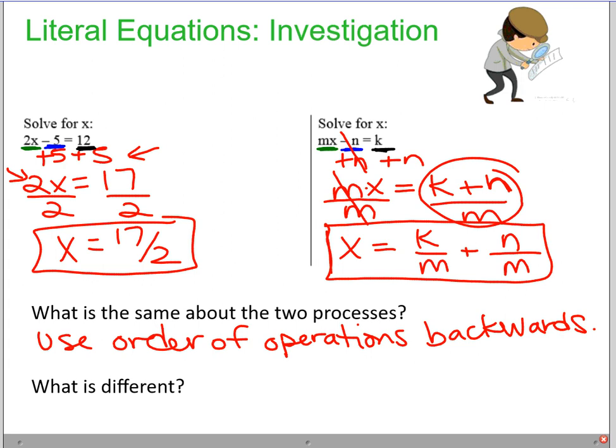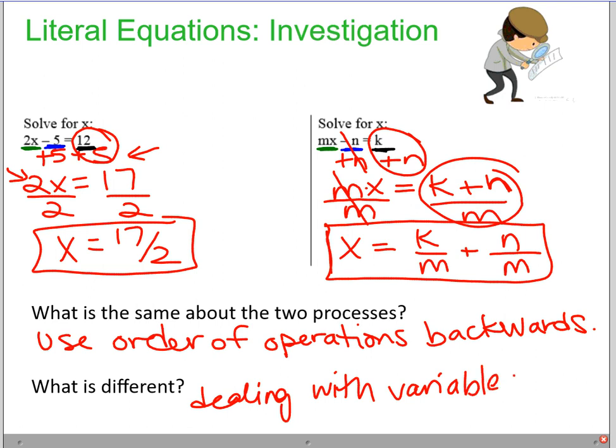What's different? Well, over on the left, I was just dealing with numbers. You know, I can add 12 plus 5. Over on the right, I can't add k plus n. So I'm dealing with variables. But even though I'm dealing with variables, the process works exactly the same.